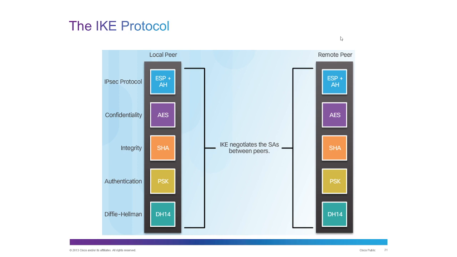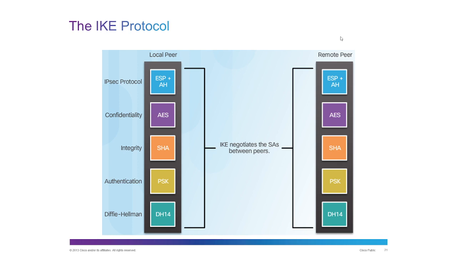One end will send that, and the other will have to acknowledge and accept, or they have to negotiate and change, and come to a common understanding. Then they'll do the Diffie-Hellman key exchange, and then verify both entities once the key exchange has been completed.